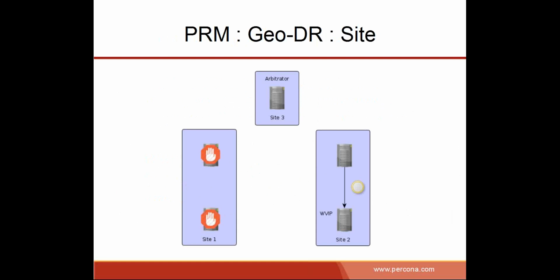So then site 2 and 3 will elect a new site to have the token. Site 3 cannot have it, so it will be site 2. And site 2 will promote a master, and the remaining server will be a slave of that master.